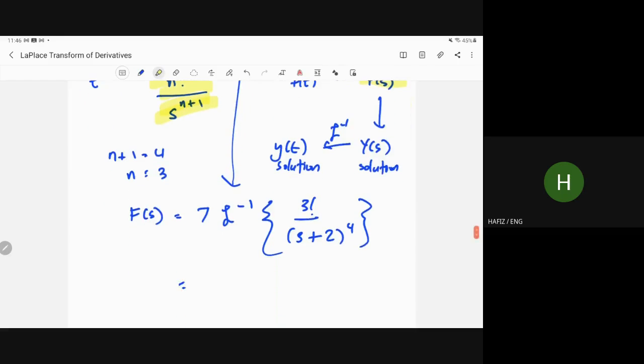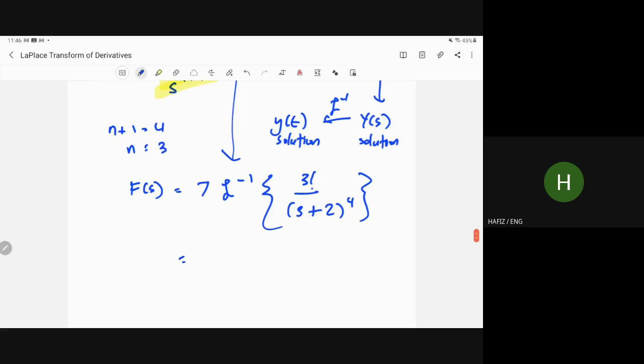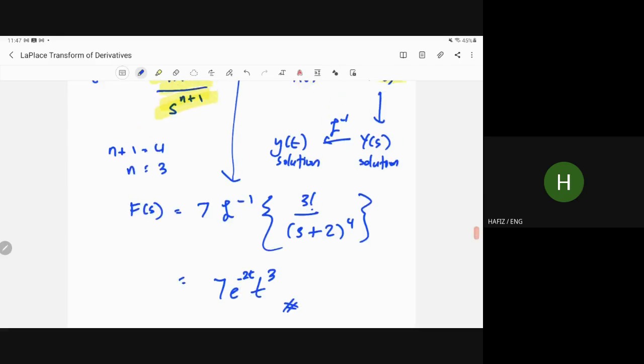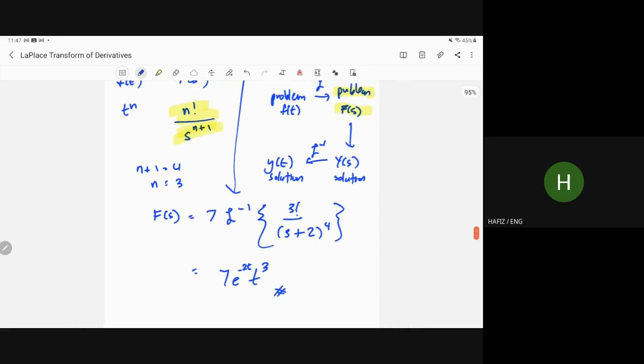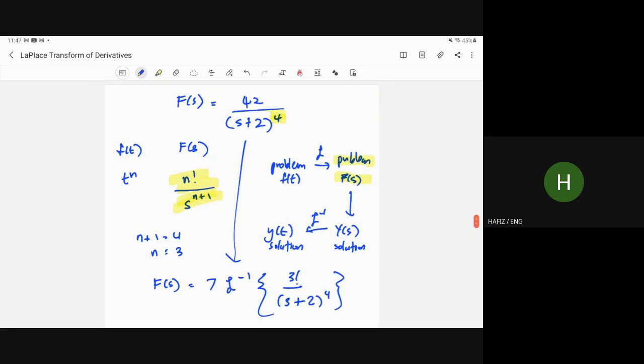And again, using the rule of this one and also the first shift rule, we can say that you can directly do the inverse Laplace and you will get n is 3, right? So you have t cubed and then you shift it by 2, so it's e to the minus 2t. Basically from this 42 we divide it into 6 and 7. Why?